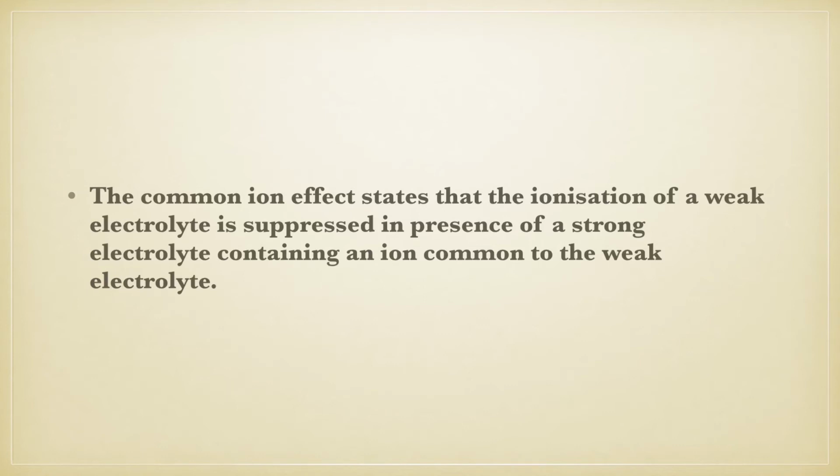In the second example, the ionization of the weak electrolyte NH4OH is suppressed in the presence of the strong electrolyte NH4Cl containing the ion NH4 plus, common to the weak electrolyte.